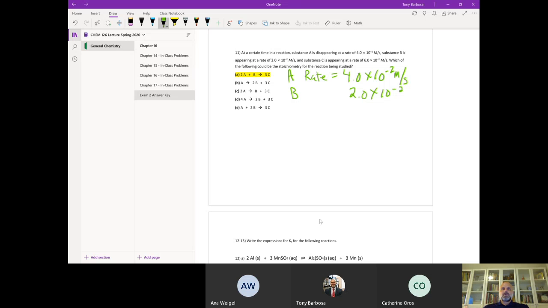I graded it correctly. Don't mind me. So I didn't do anything wrong there. I just put the wrong answer in my answer key here. So this is not correct, but I graded it correctly. All right, so that's not correct. This was correct.